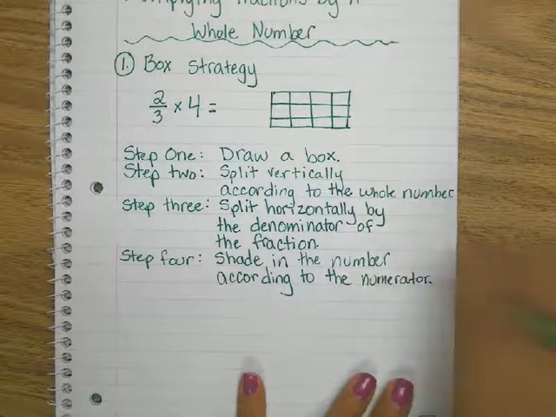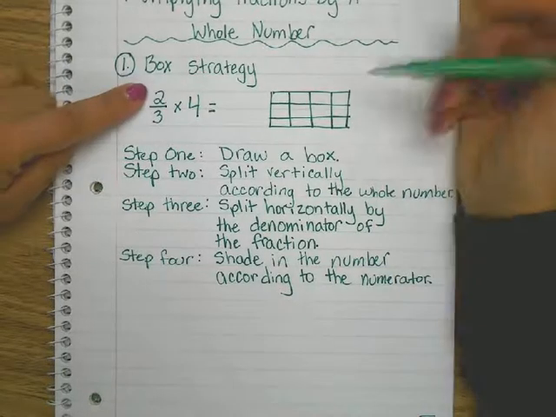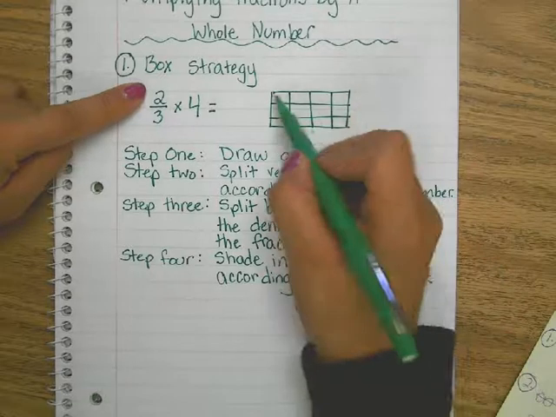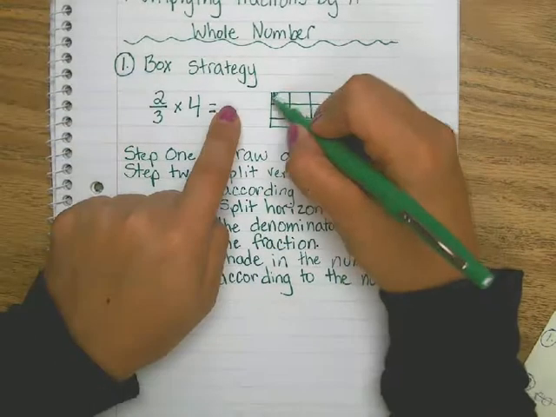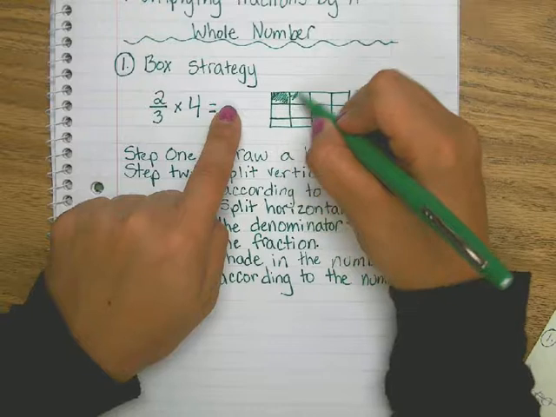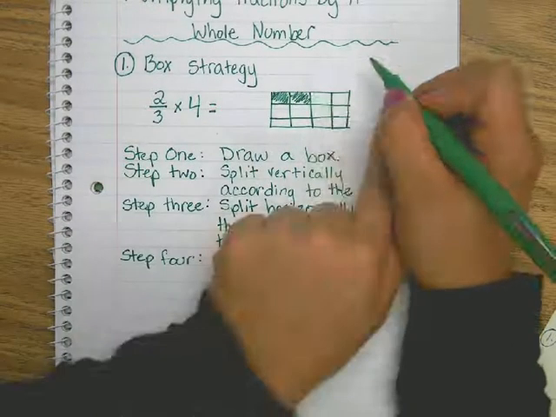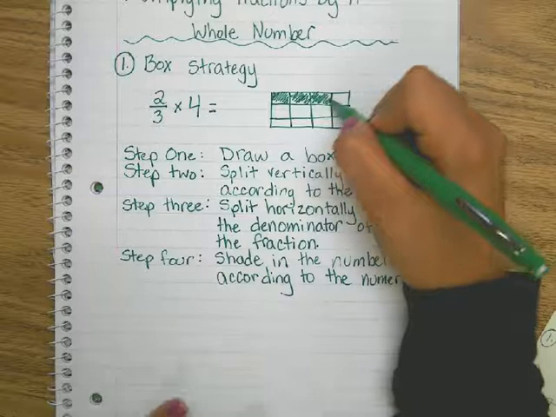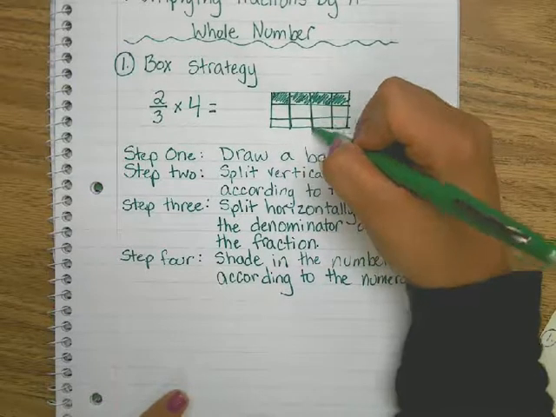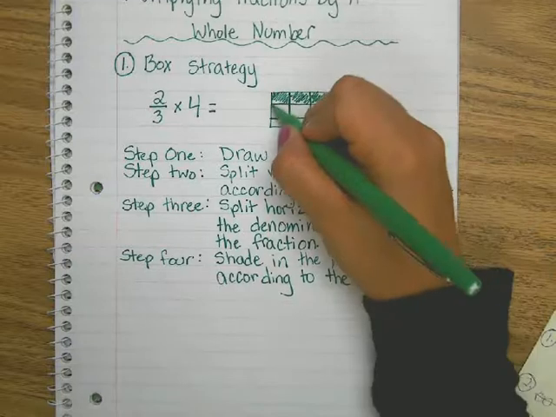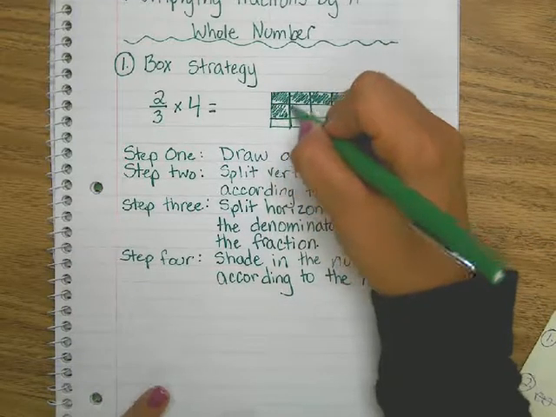What's my numerator? 2. So I'm going to shade 2/3. And remember, we don't want to black it all out, otherwise we can't see our lines. So it's okay to leave a little space. Now I'm shading my second third.